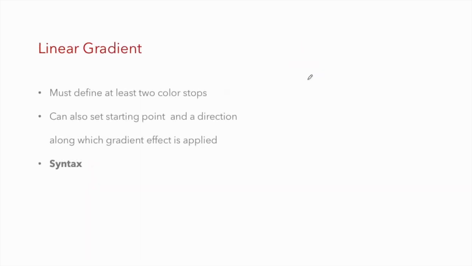For gradients, we must define at least two color stops. The two colors that I mentioned are called the color stops, and we can have multiple color stops in a single gradient. With a gradient, we can also set the starting point and also the direction of the gradient. The syntax for a typical linear gradient is, we specify the direction and then we specify multiple color stops.